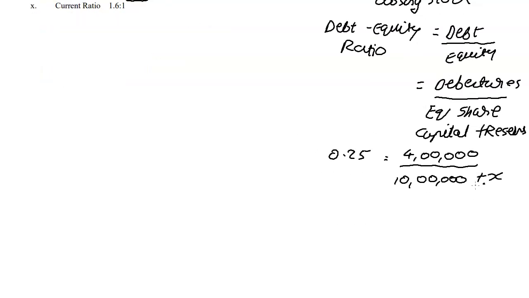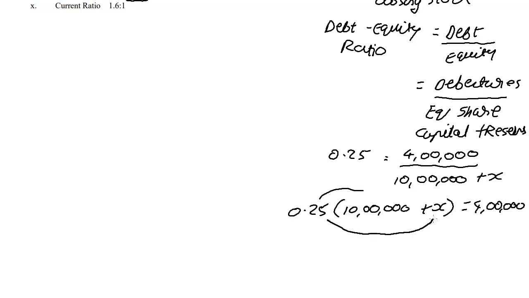And now we simplify. Everything in the denominator on this side goes the other side, it becomes multiplication. So 0.25 into 10 lakhs plus X is equal to 4 lakhs. And now we multiply inwards.